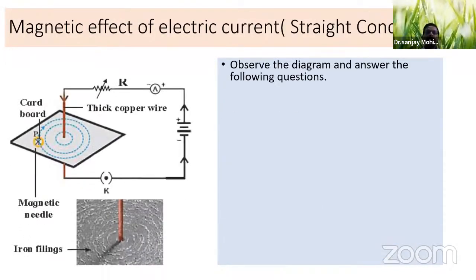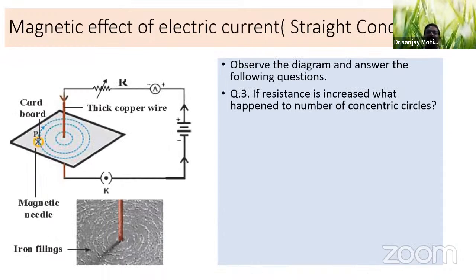Now, what happens if the resistance is increased? Because in this circuit diagram, the resistance is shown. We have the formula R = V/I, where R is directly proportional to V and R is inversely proportional to I. When R is directly proportional to V, more potential difference is needed for more resistance.